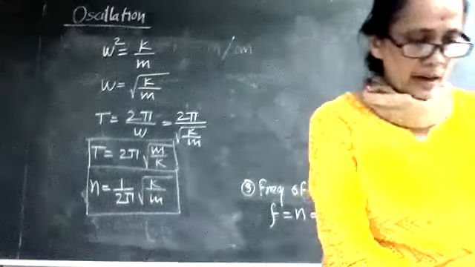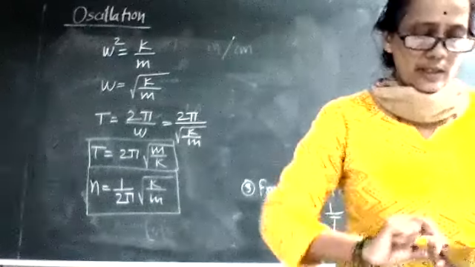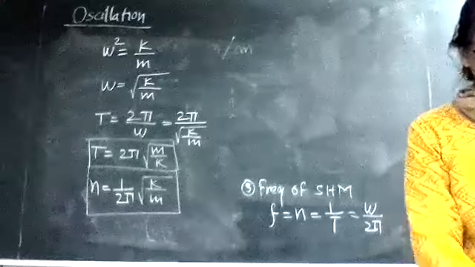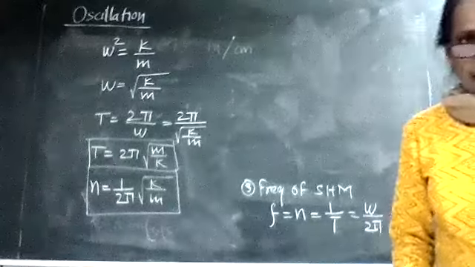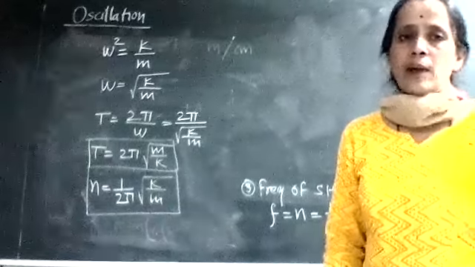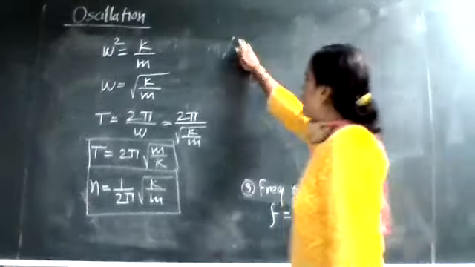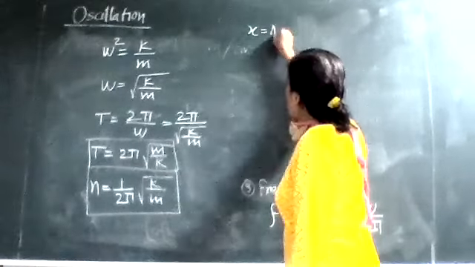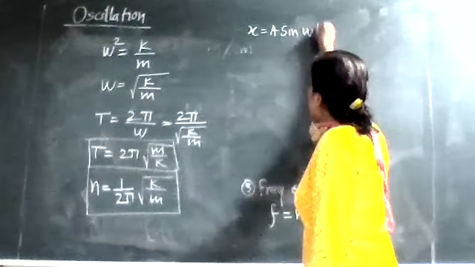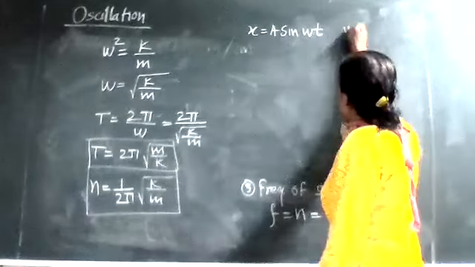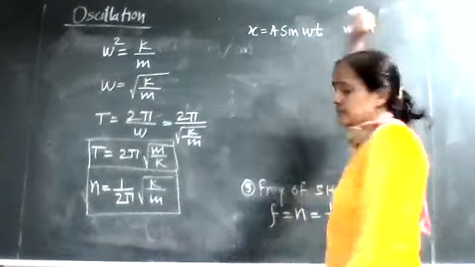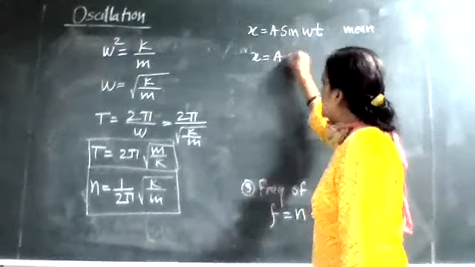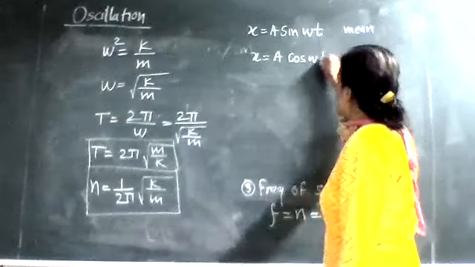Now I can again revise what we have seen today. First, the displacement of a particle when the particle starts from mean position: x is equal to a sin omega t. Then we have seen the displacement equation when the particle starts from extreme position.